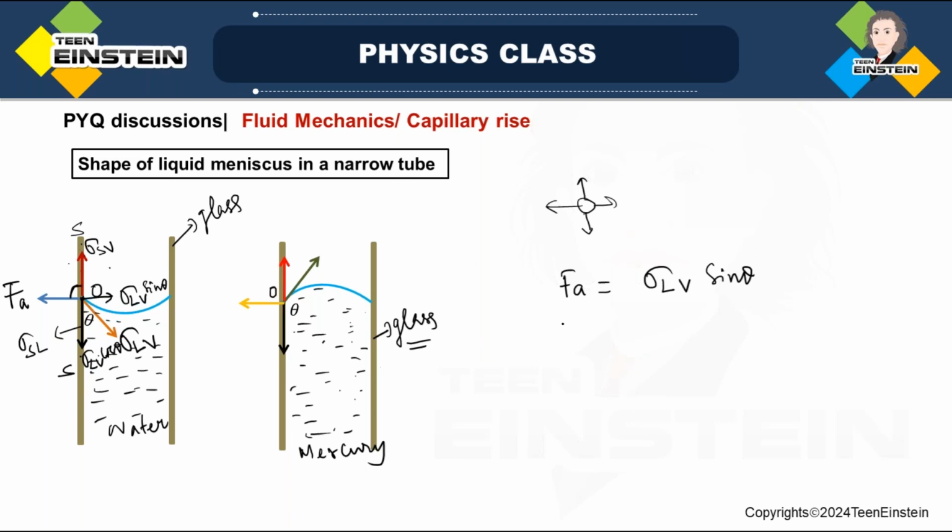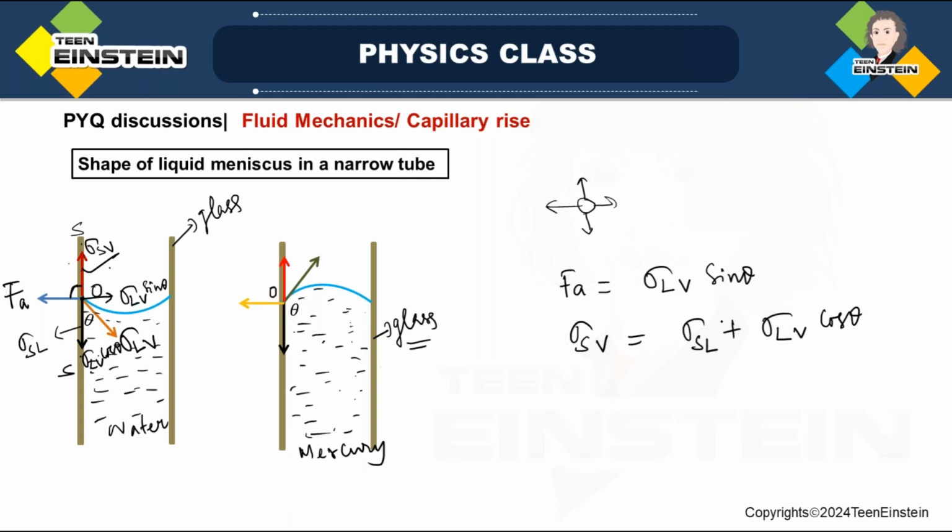And see, this sigma SV, that means this particular force, will be balancing the surface tension of SL plus sigma LV cos of theta.